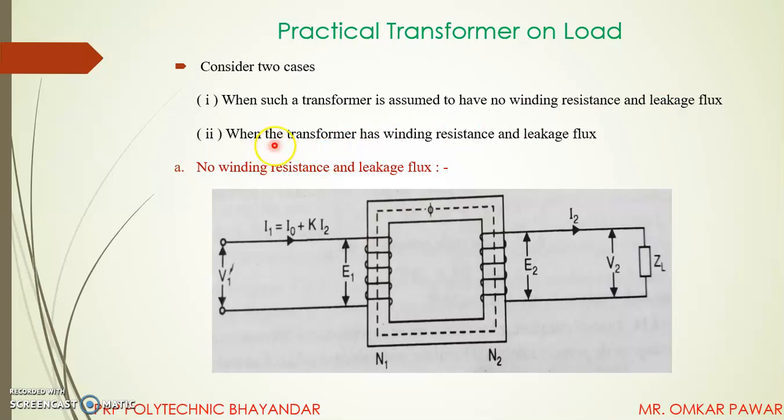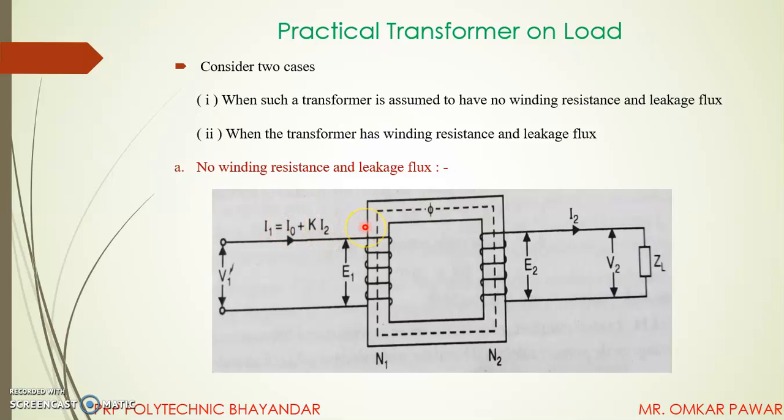And second condition, when the transformer has winding resistance and leakage flux. So first condition is no winding resistance and leakage flux. So there will be no resistance and leakage flux in the primary and secondary circuit of the transformer.